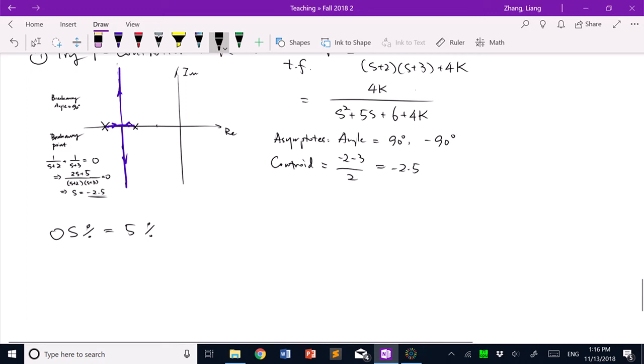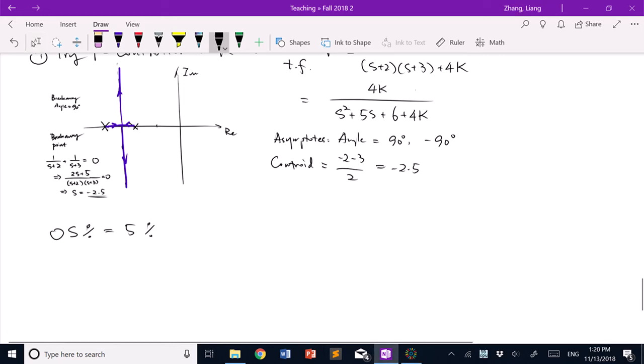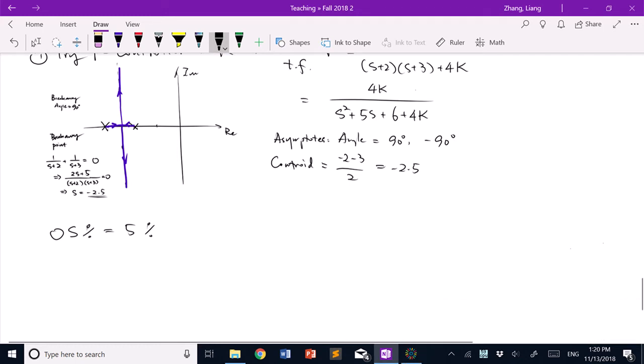Now, if we plug this 5% overshoot into the equation we have, we'll find out the following. Usually when you plug this 5% into the equation we have used in chapter 4, you should be able to find out the corresponding damping ratio to this 5% number, which is roughly 0.6901.